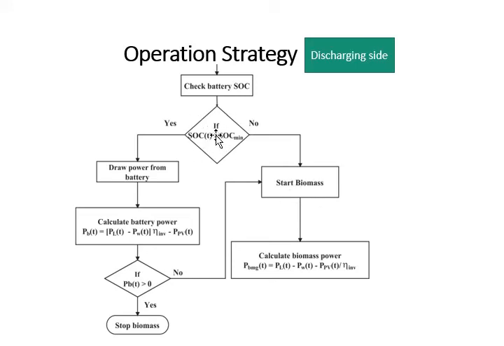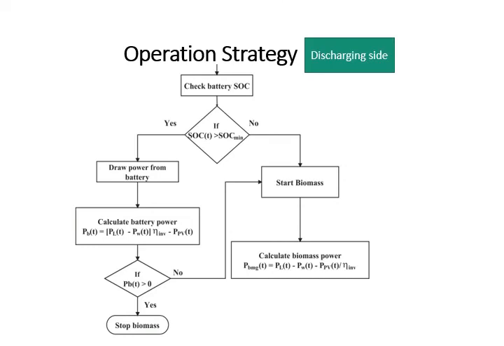Also, if your battery SOC is below the minimum and there is not sufficient wind available, your battery is already discharged. In this case you will also start the biomass or the DG, whatever you have, and here you will be calculating the biomass or DG power needed, which is provided from the biomass.